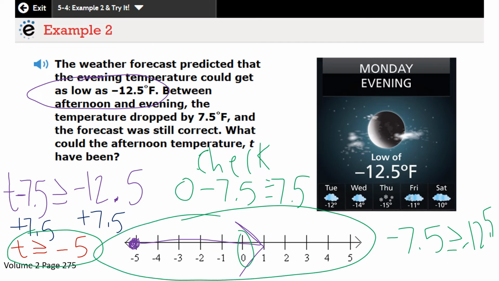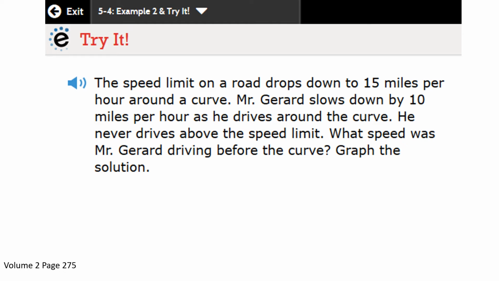With that example, you're going to do the try it problem, which is also in your textbook. It's about halfway down on page 275. The speed limit on a road drops down to 15 miles per hour around a curve. Mr. Gerard slows down by 10 miles per hour as he drives around the curve. He never drives above the speed limit. What speed was Mr. Gerard driving before the curve?